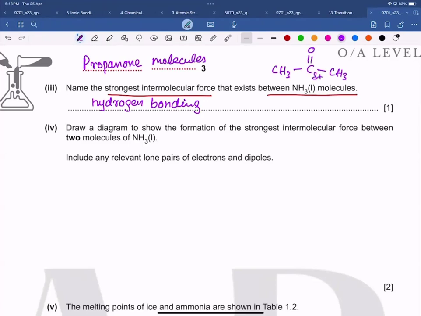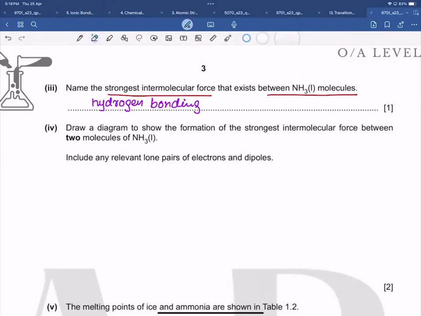And due to this dipole, the strongest force between the molecules is permanent dipole. Now, if I ask you the strongest intermolecular force between propanol and water, hydrogen bonding, because the oxygen of propanol can form a hydrogen bond with the hydrogen of water, but between propanol molecules there would be no hydrogen bonding. And that's why it dissolves in water.